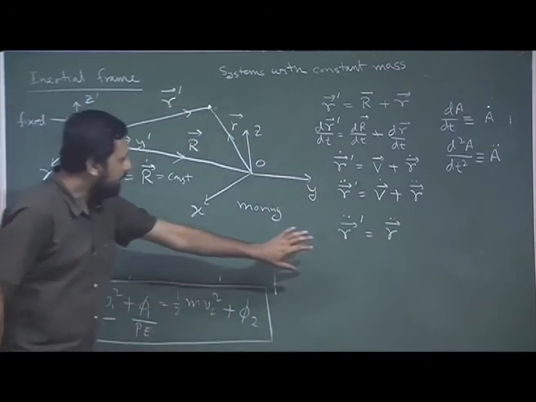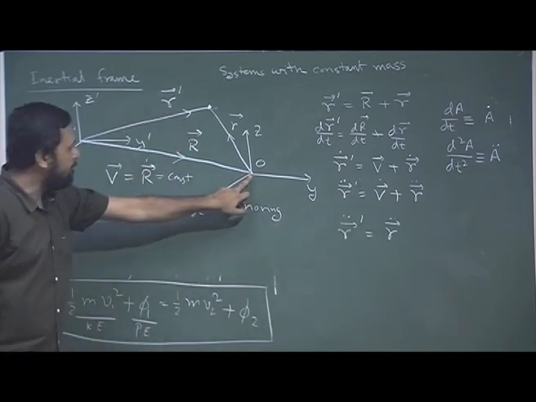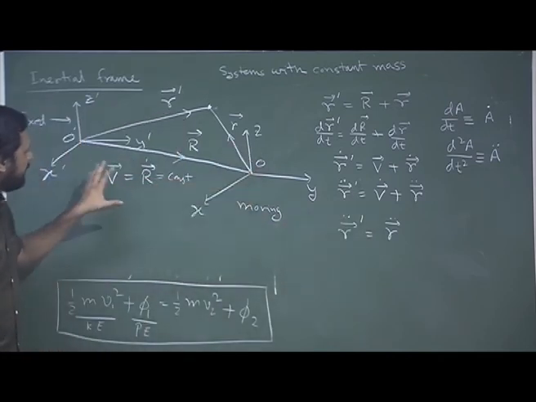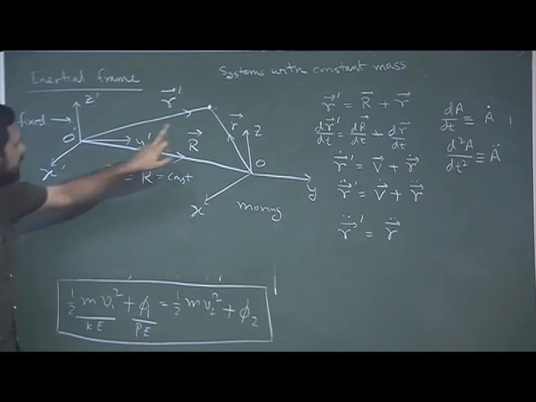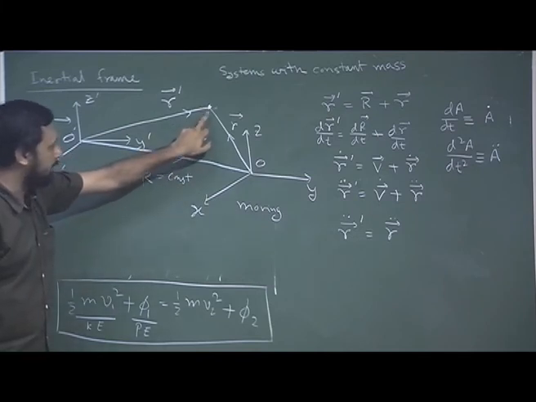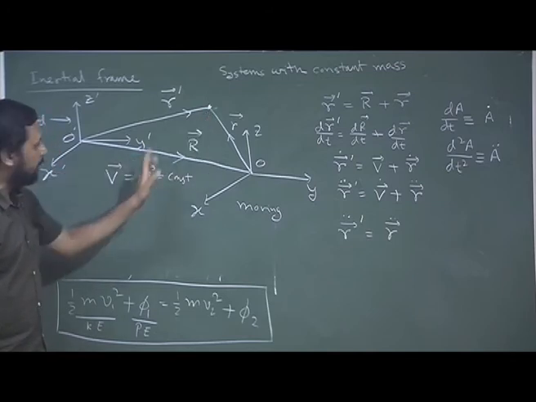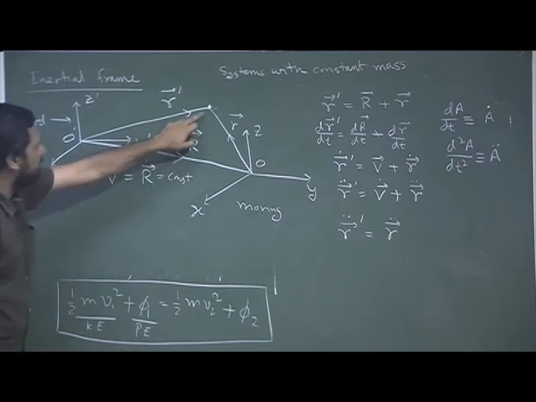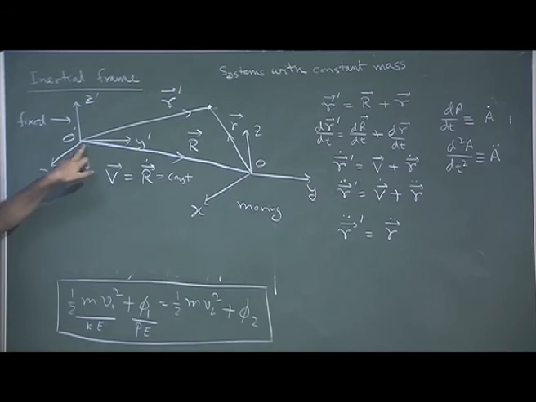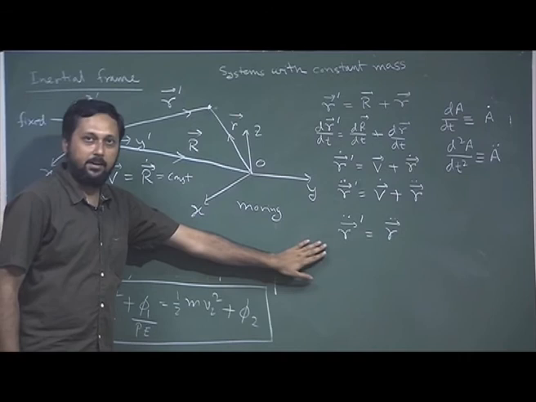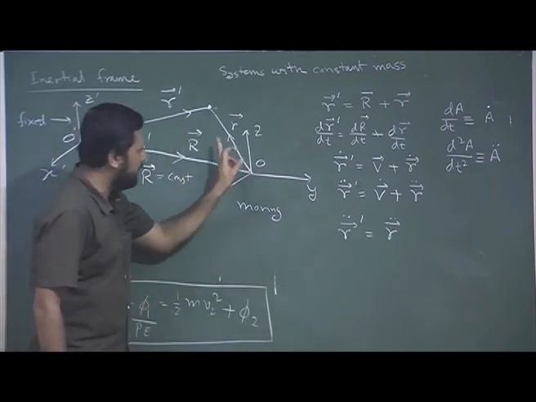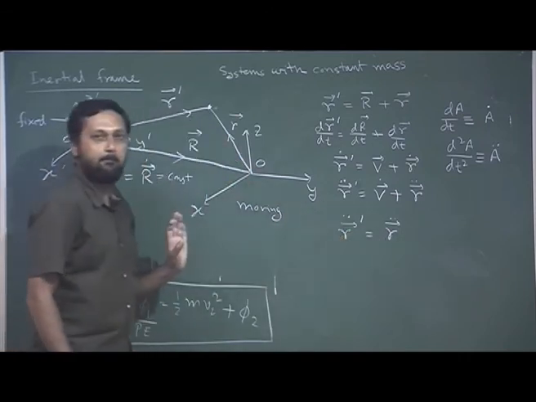So, that means if this particular frame is moving with a constant velocity with respect to this frame, then the equation of motion of this particular particle, whether we construct it with reference to this frame or that frame, will remain invariant, because the second derivative of the position vector remains the same.